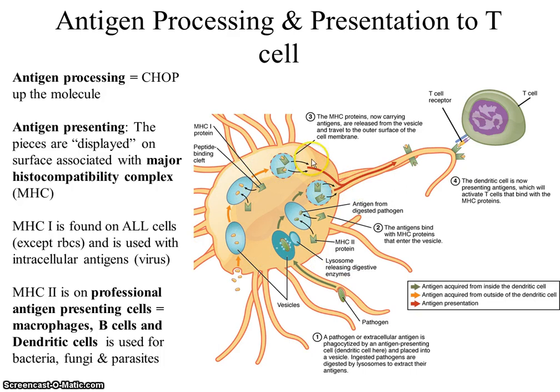Here they converge, and they are displayed here. And the displayed MHC and a piece of the pathogen or soluble protein is here too. And the T cell comes along, and its receptor allows it to bind to this displayed MHC and pathogen.